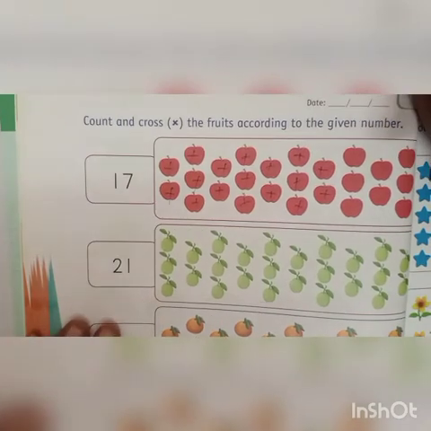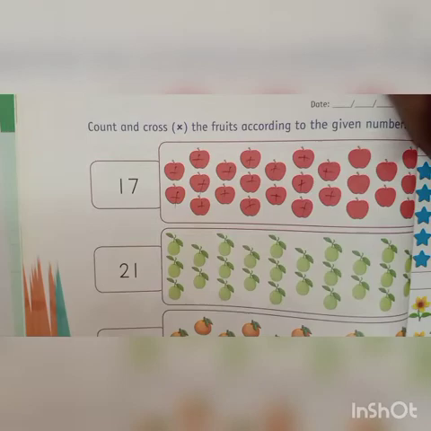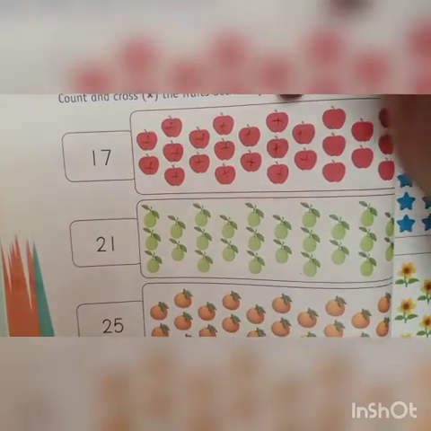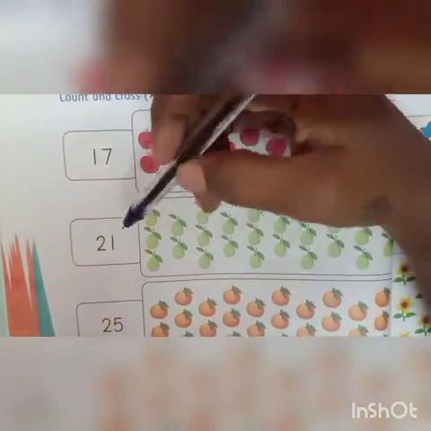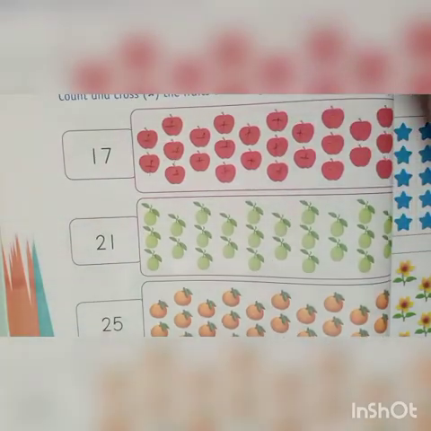So how many apples did we cross? Number 17. Likewise you have to cross the fruits according to the given numbers.